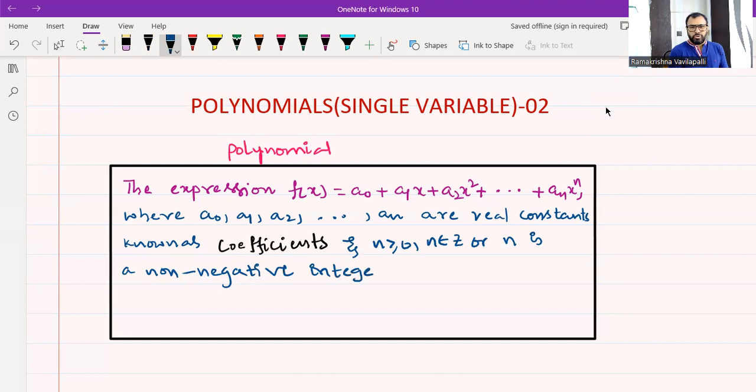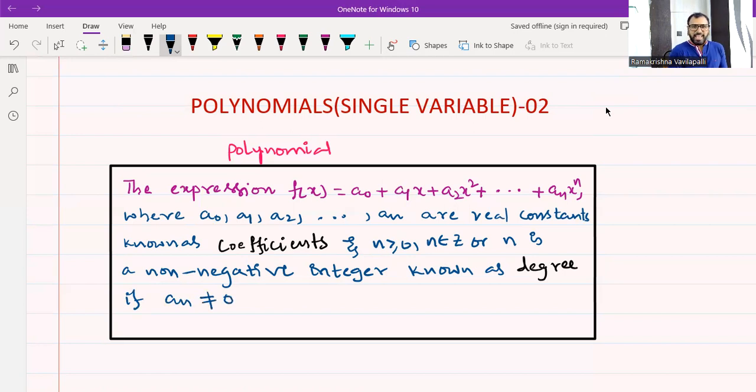Known as degree. It is also a degree if an is not equal to 0, that's the coefficient of x power n.